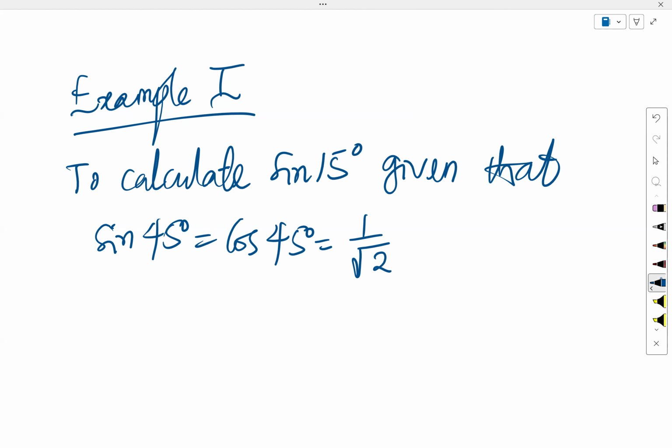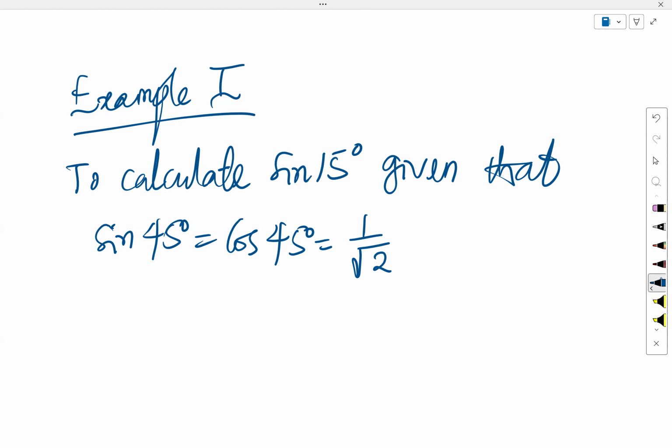Okay, so to answer this, let's go this way. We need sine 15 degrees, and you want sine 15 degrees to be a combination of 45 and 30. So that can be sine of 45 minus 30 degrees. 45 minus 30 is 15.